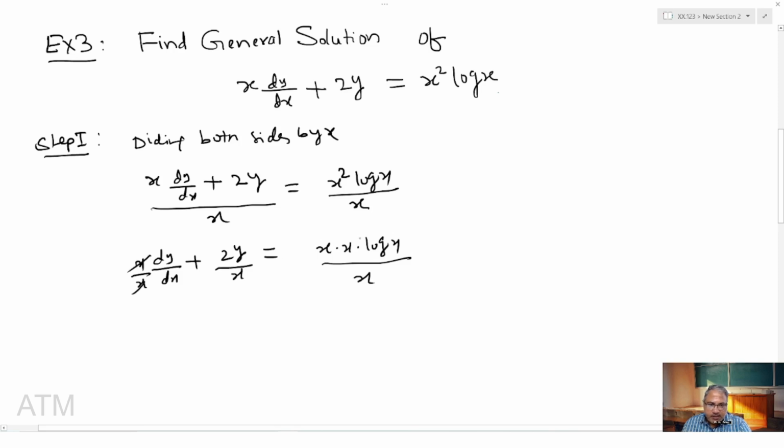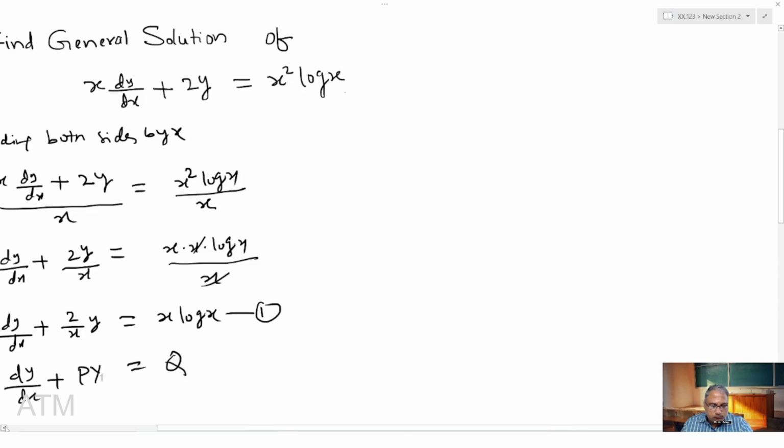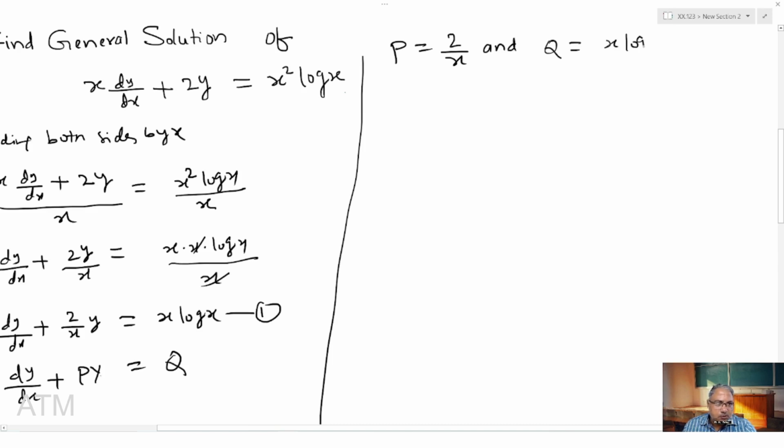This x gets cancelled, this x also gets cancelled. We get dy by dx plus 2 upon x y equals x log x. Now let us call this equation 1 and compare it with dy by dx plus py equals q. So we have p equals 2 upon x and q equals x log x.